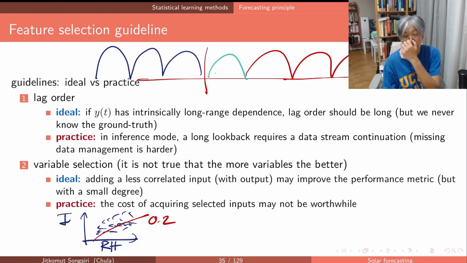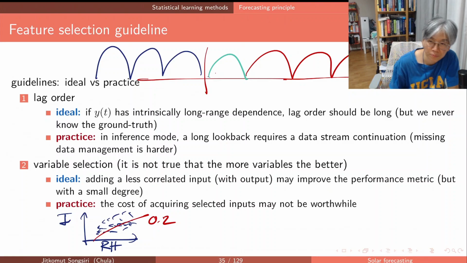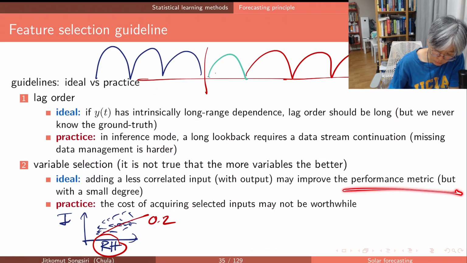There's still a correlation, but it is very low. If you include this variable in the model anyway, when you test the model, maybe the performance metric is improved, but maybe that improvement is not significant.